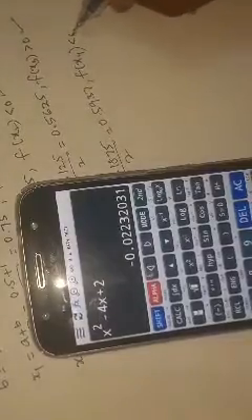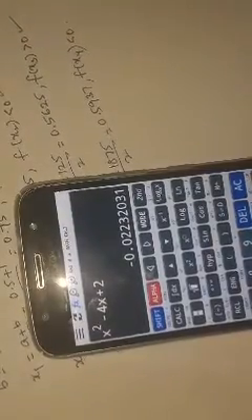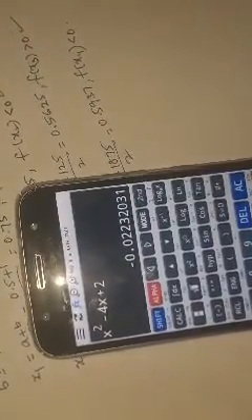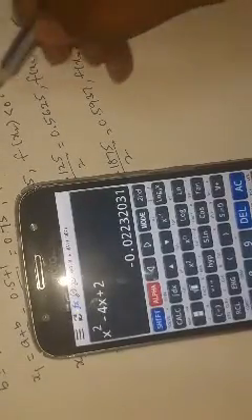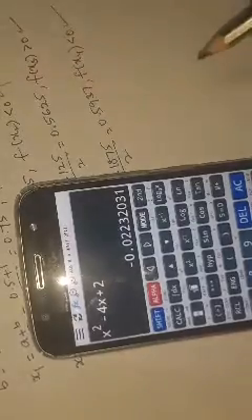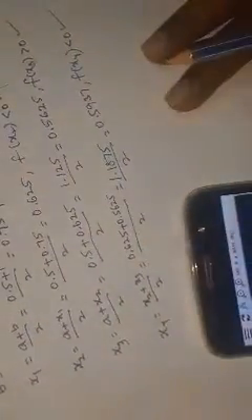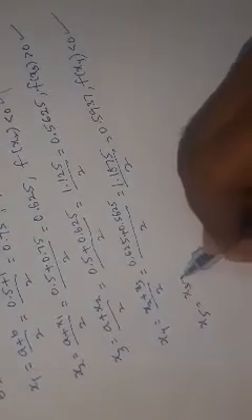The present negative value will be marked, and the previous negative value, f of x2, will be cancelled. The present marked values are f of x3 and f of x4, so the root lies between x3 and x4. The value x5 is equal to x3 plus x4 by 2.